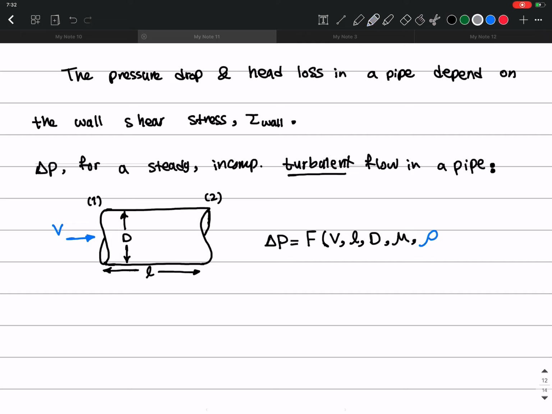Rho is density, which is important for turbulent flows because it represents inertia.